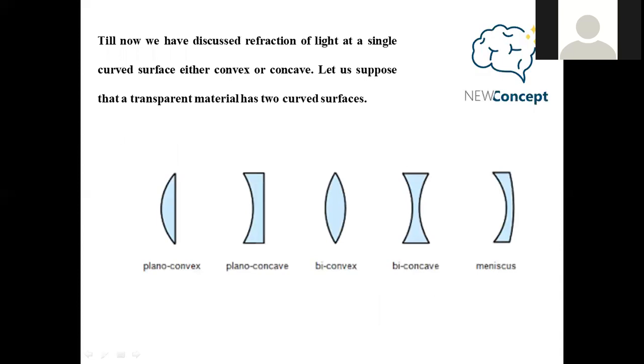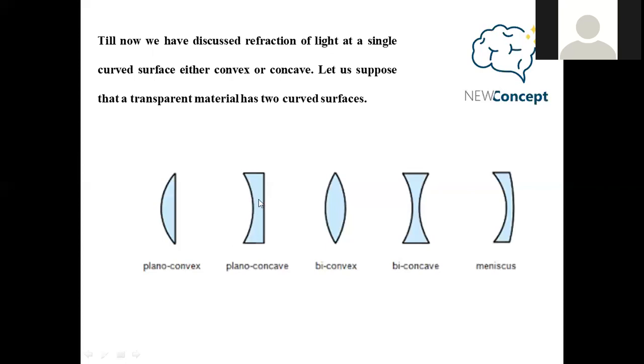So now a new concept is going to be introduced. Till now we discussed concave lens and convex lens. Even in unit 1 and in this unit 4, refraction and reflection, in both processes we discussed concave and convex lens only. Here a new topic is going to be introduced, that is both the sides. So this system bulged outside is called a convex lens.